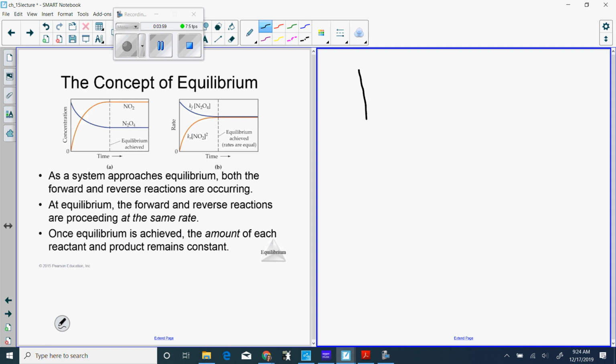Okay, let's draw a graph. I paged a little bit. I'm going to use red and blue.